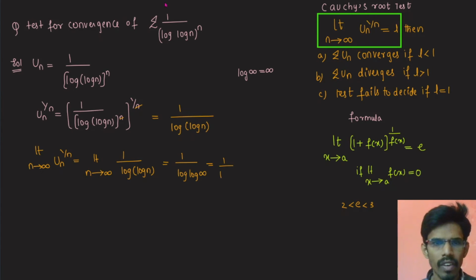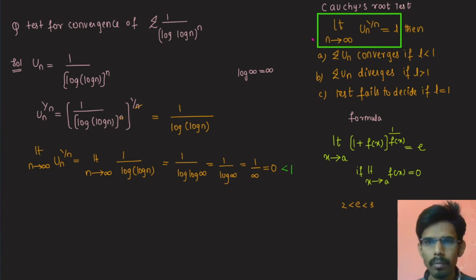So log infinity value is infinity only. Again log infinity value is infinity. So 1 by infinity value is 0. So 0 is always less than 1. So by this statement, whenever the limit is less than 1, this value L is less than 1, we see that the given series converges. So we see sigma un converges.